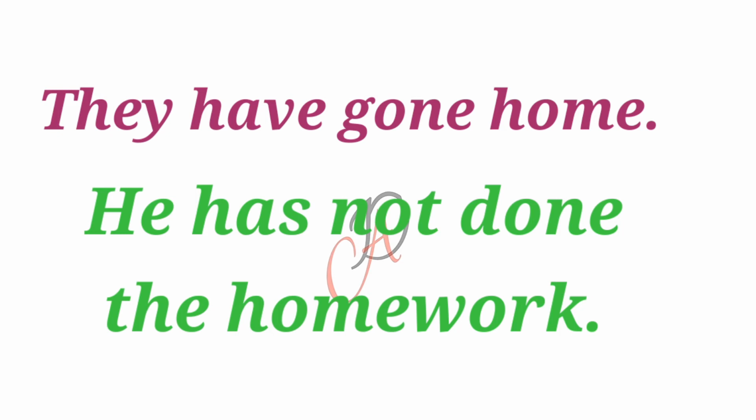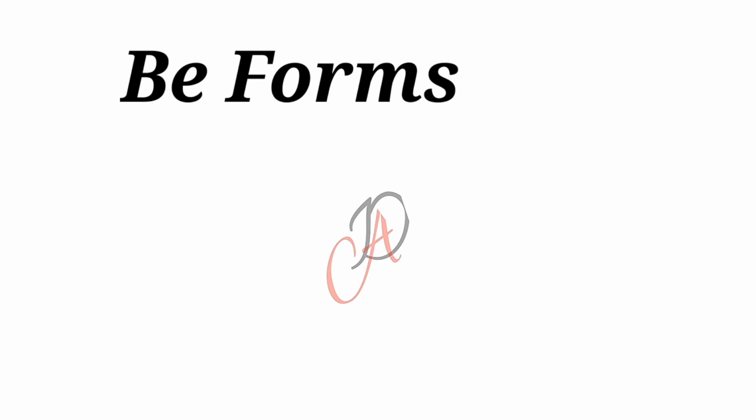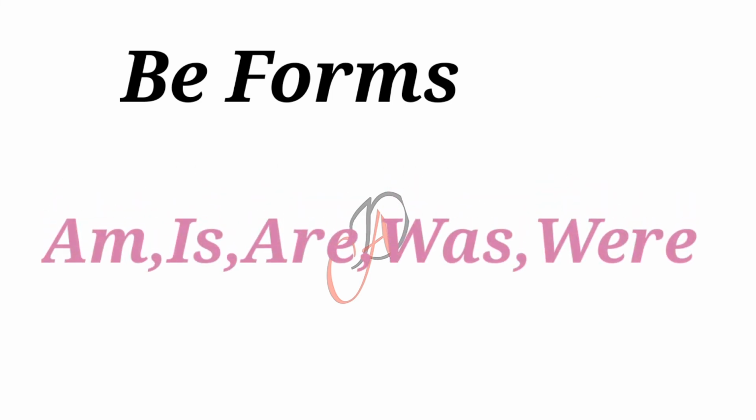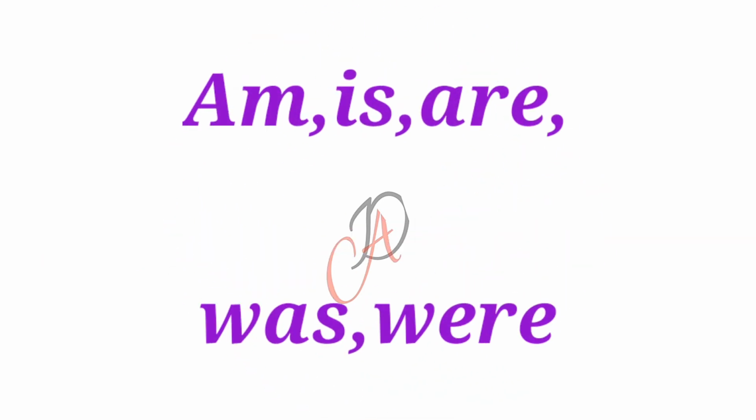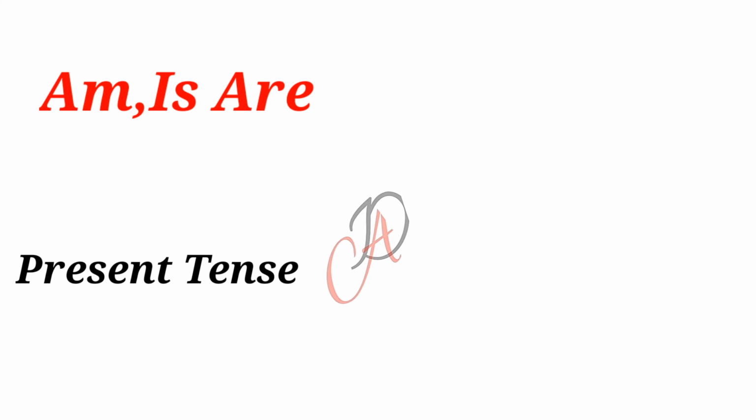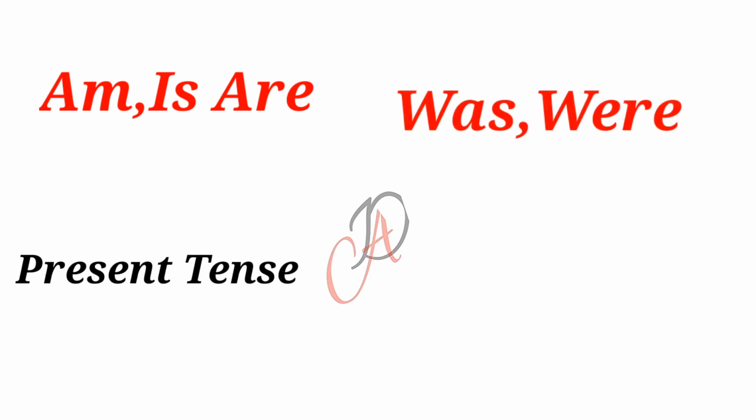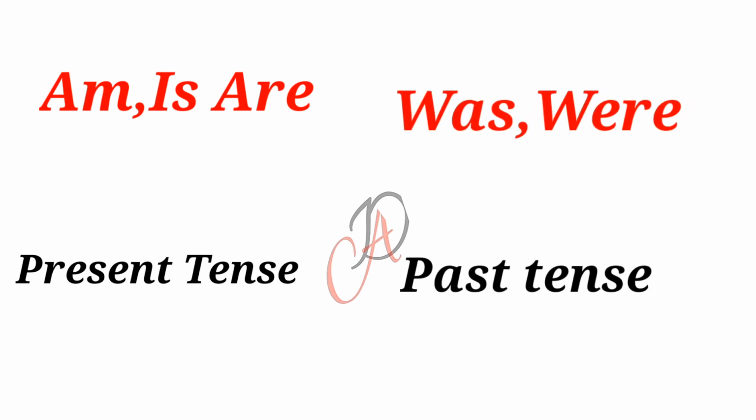Alright, let's move on to the last form of verb, that is be forms. The be forms of verbs are is, am, are, was, and were. And for our better understanding, we divide these five verbs into two parts. The first part is is, am, are, and the second one is was and were. And in the first part, is, am, are are always used in the present tense, whereas was and were are always used in past tense.